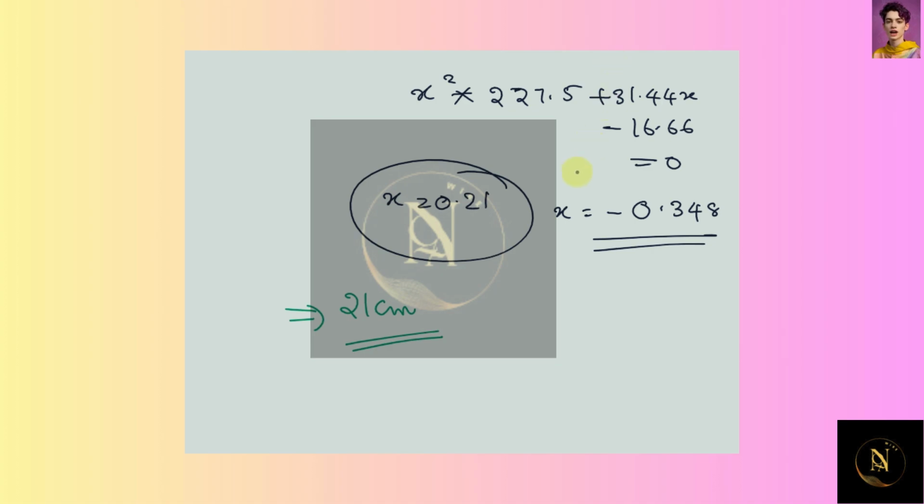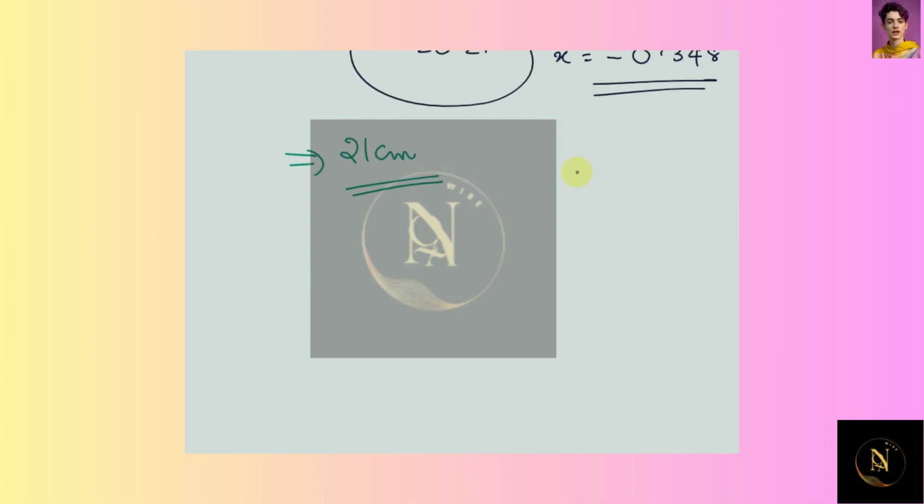Now, the stored compressed energy of the spring gets converted into kinetic energy of the block, that is half k x squared will be equal to half m v squared plus m g h dash.